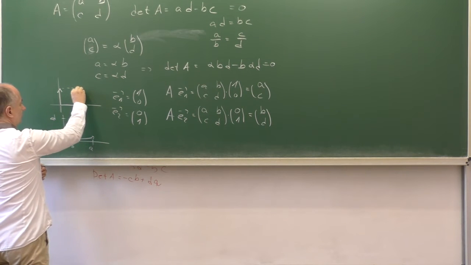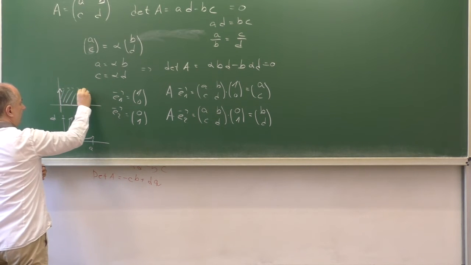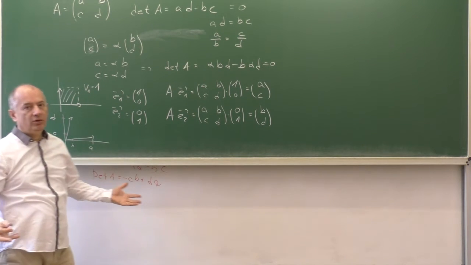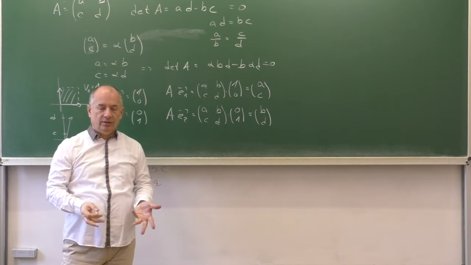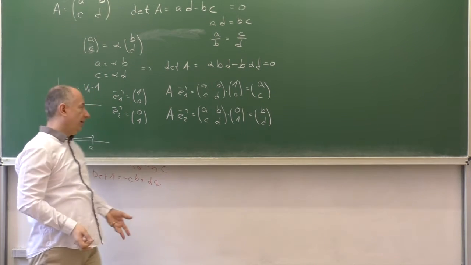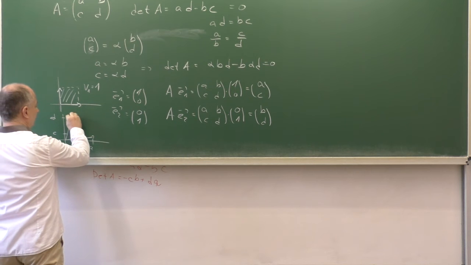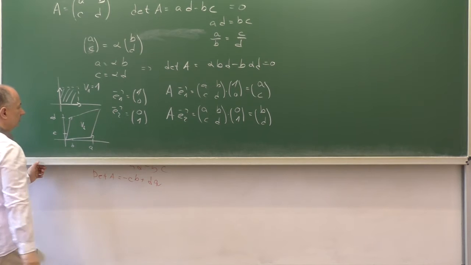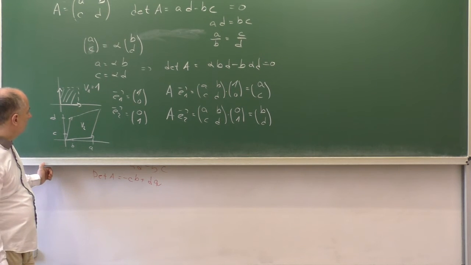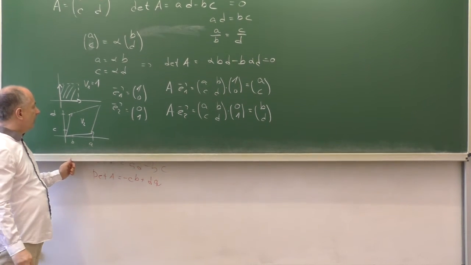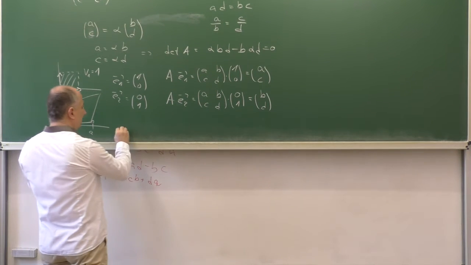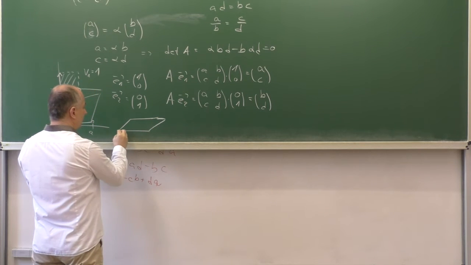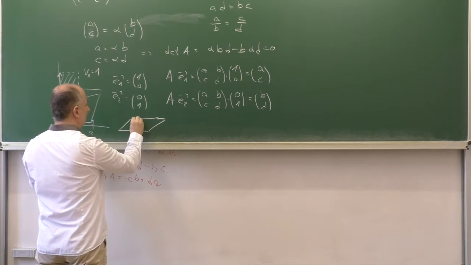The volume of this square is 1. Well, by volume, we mean the area. In a two-dimensional case, we mean the area. And the volume of this is this one. But if you consider a parallelogram like that, then the volume, or area, is the product of the base times the height.